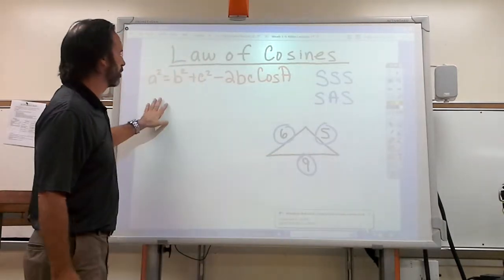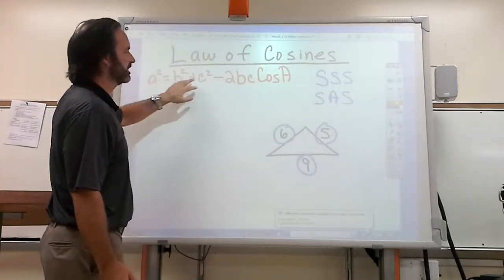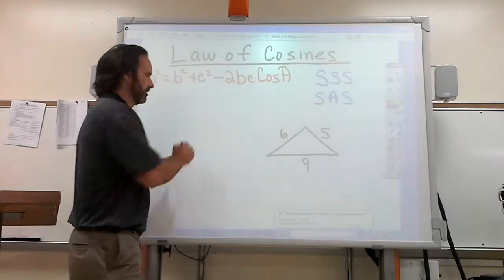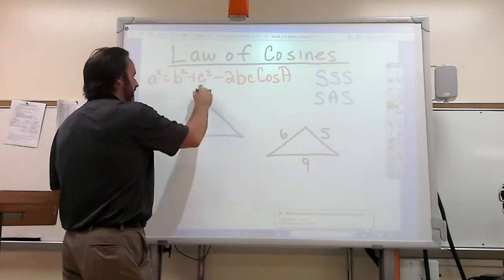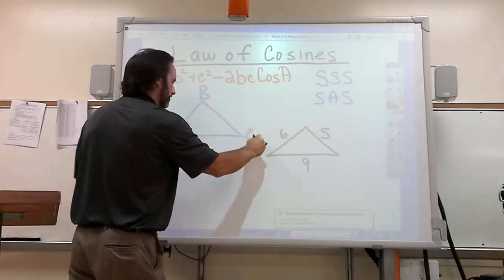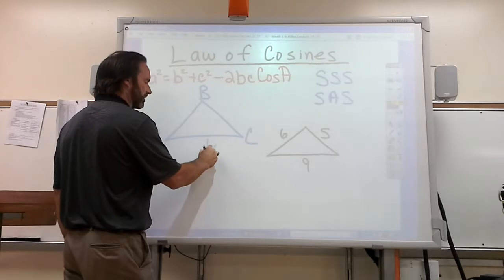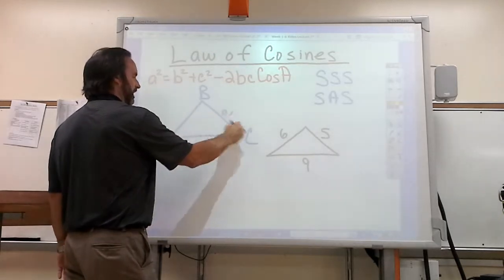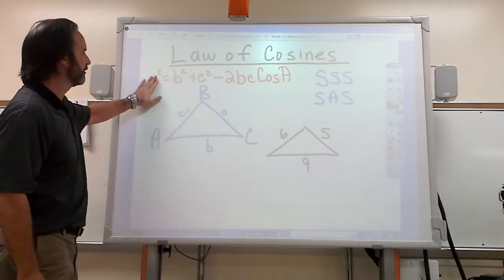Here's a generic formula. The sides are labeled a, b, and c. And remember, capital A, capital B, capital C are the angles, and opposite those angles are the sides lowercase a, lowercase b, and lowercase c.